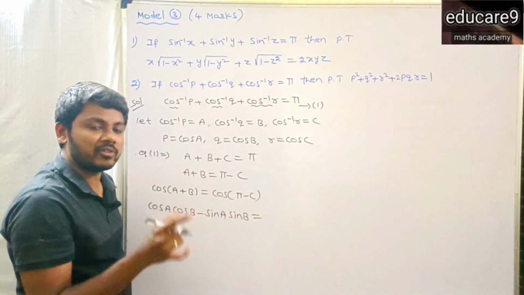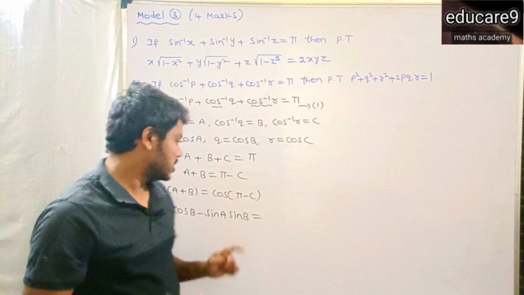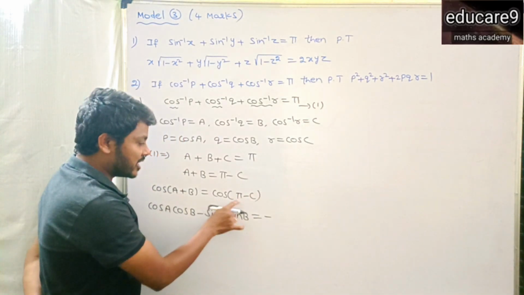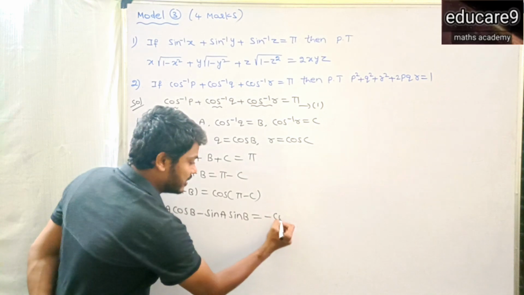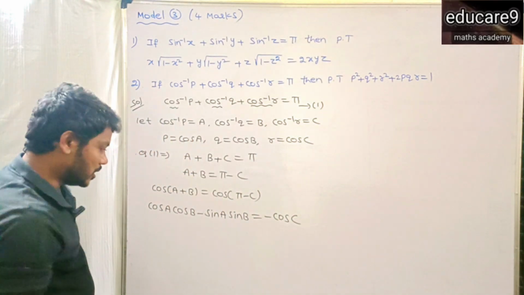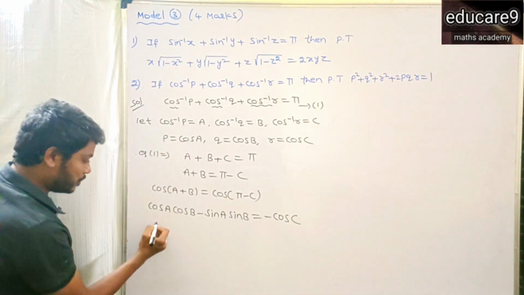the 180 minus theta form. We know that 180 minus theta lies in the second quadrant. In the second quadrant cos is negative. For 180, cos doesn't change. Again we will get cos with the angle C. Now since what is the cos A value?